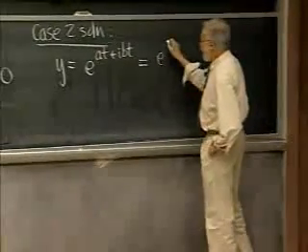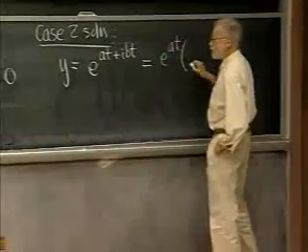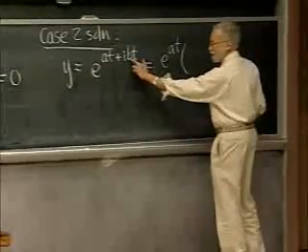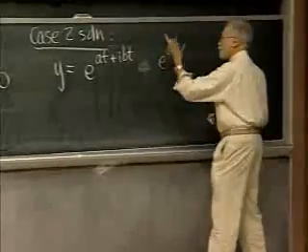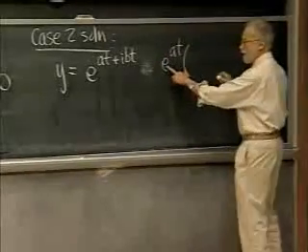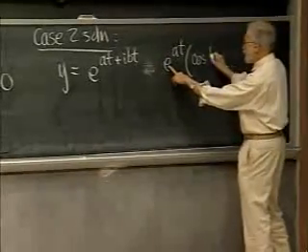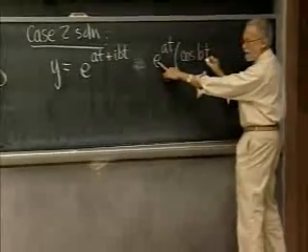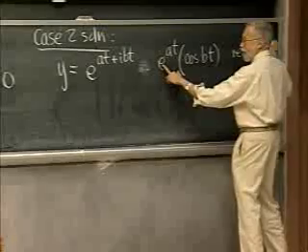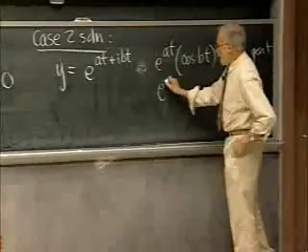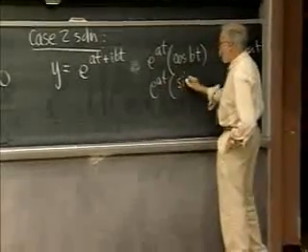That's e to the at times... well, the real part is, let's write it this way, e to the at times cosine bt. Notice how the a and b enter into the expression. That's the real part. And the imaginary part is e to the at times the sine of bt.